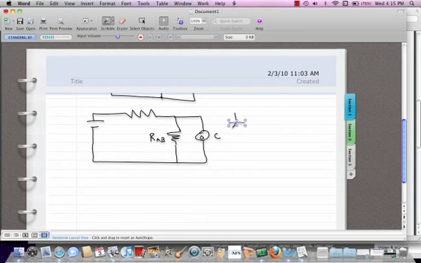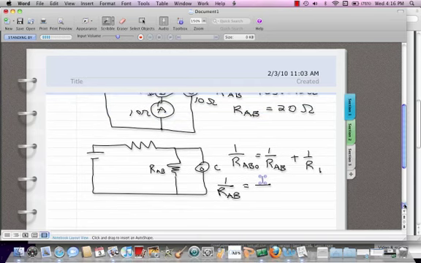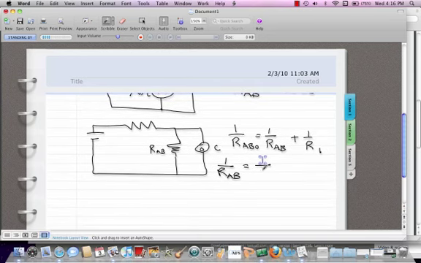So 1 over RABC, and I'm using this formula because they're in parallel here, is 1 over RAB plus 1 over RC. And so 1 over RAB, I found that to be 20 ohms, so 1 over 20 ohms plus 1 over 10 ohms.